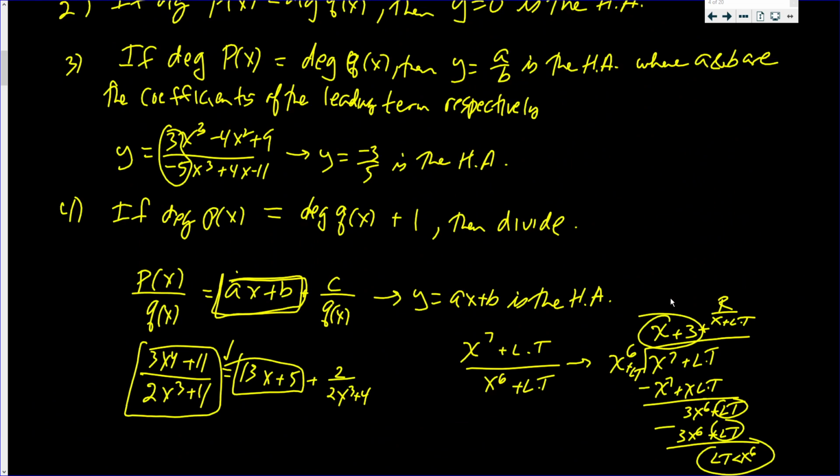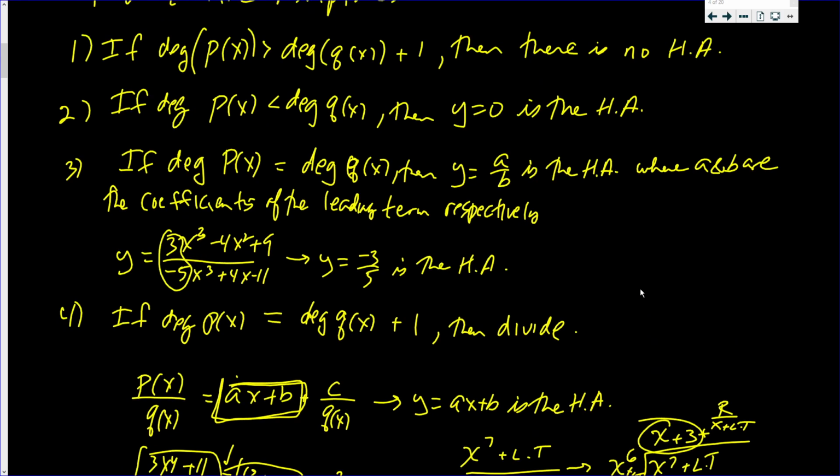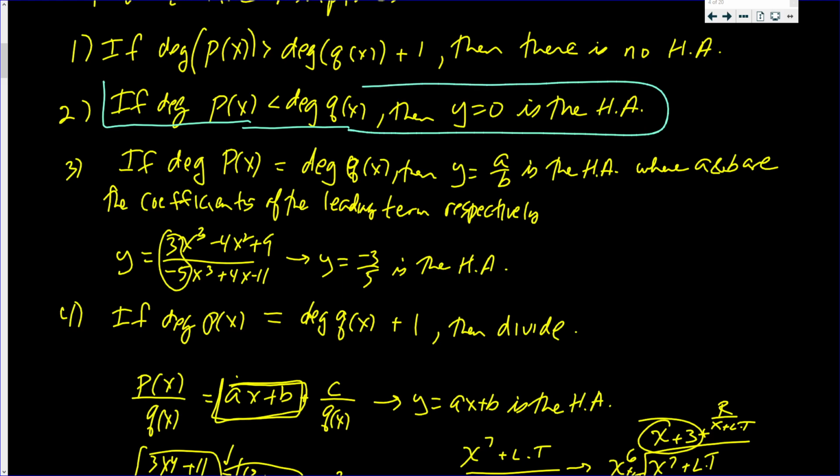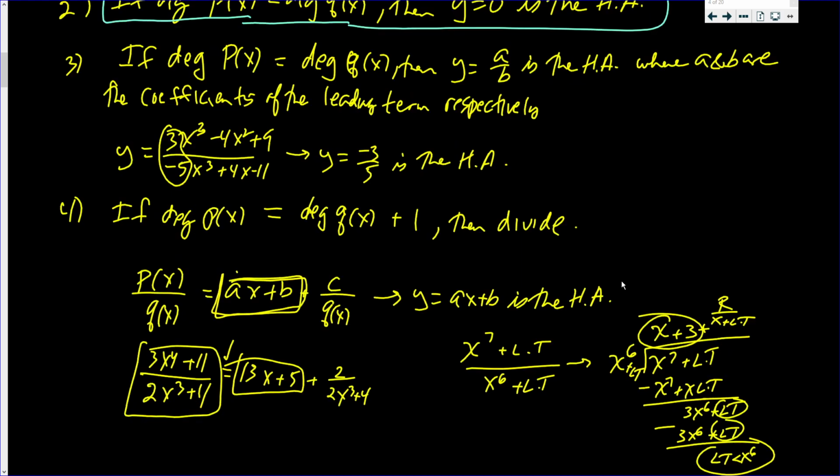If the degree of p, the numerator, is less than the degree of the bottom, then y equals 0 is the horizontal asymptote. You need to know the rules to play the game.